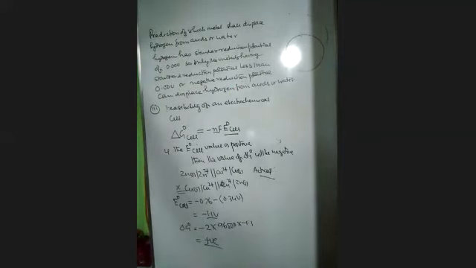You will find copper is 0.34. Because of that, copper cannot displace hydrogen. Silver cannot displace hydrogen. Gold cannot displace hydrogen. Mercury cannot displace hydrogen. Platinum cannot displace hydrogen.